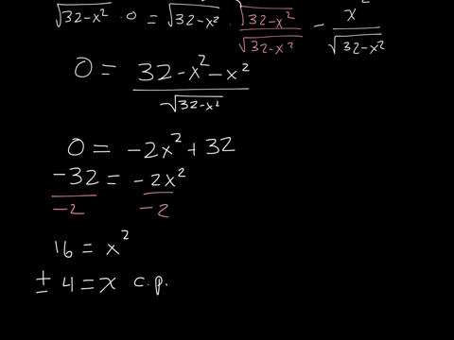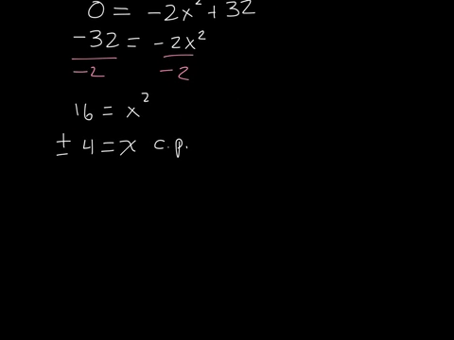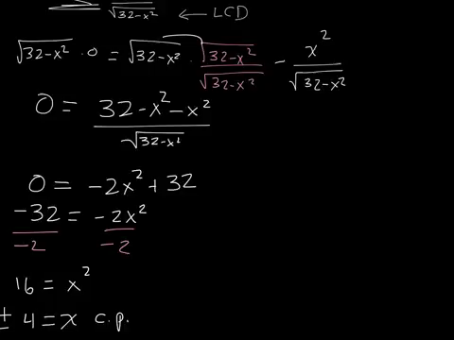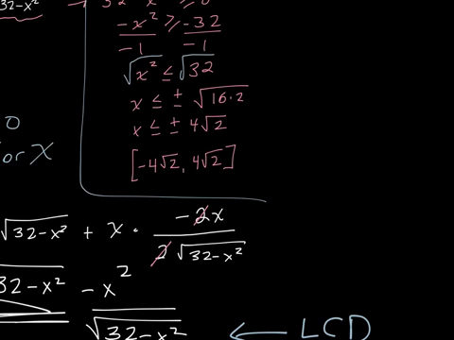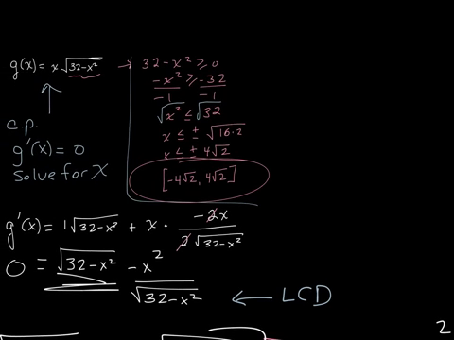From here is where we draw our number line, and we put in the critical points. And probably what I would do is remind myself, way back up here, of my interval. So let's go ahead and put that on my number line.